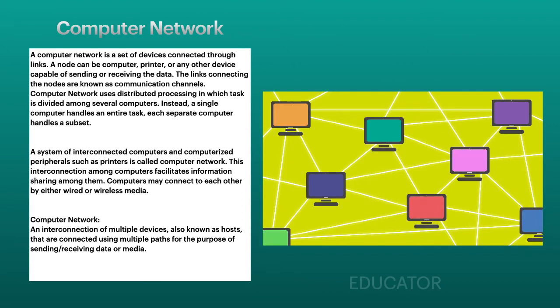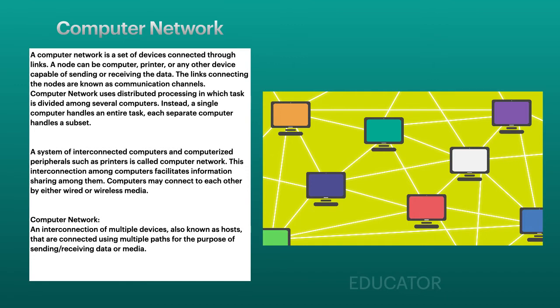A system of interconnected computers and computerized peripherals such as printers is called a computer network. In other words, this interconnection among computers facilitates information sharing among them. That means the main purpose is to share information. For example, if we have two computers interconnected by a wire, and I want to get some data from the other computer into my computer, that is called sharing.